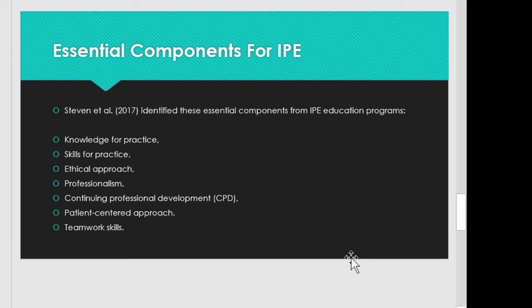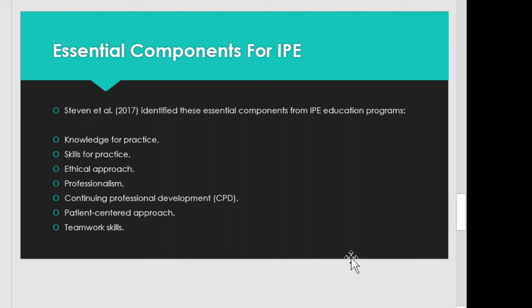So this is the essential components for IPE. So Steven et al. In 2017 identified these essential components from IPE or Interprofessional Education Program. So knowledge for practice. Okay. So ang kahibalo nimo sa imuhang professions. Skills for practice. How skillful are you with your professions?